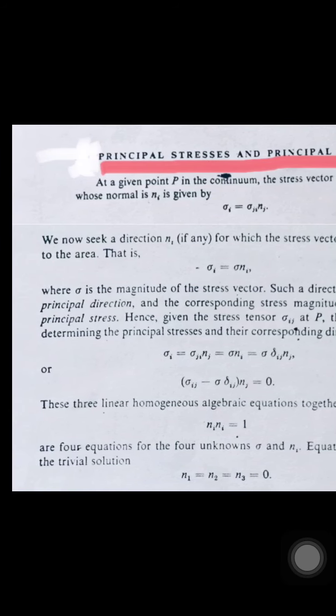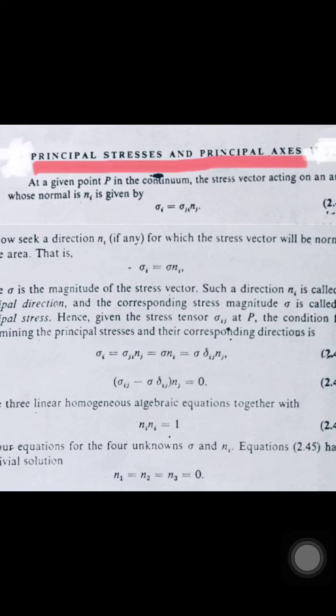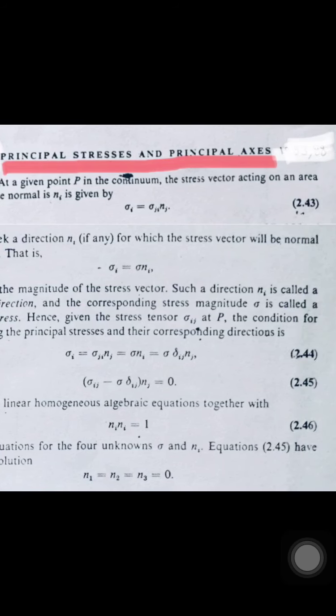Now, in equation 2.45, what we are seeing is that n1 equals n2 equals n3 equals 0. This is a very absurd equation, because what we are seeing is n_i n_i is equal to 1.